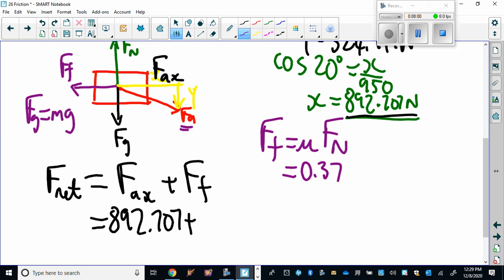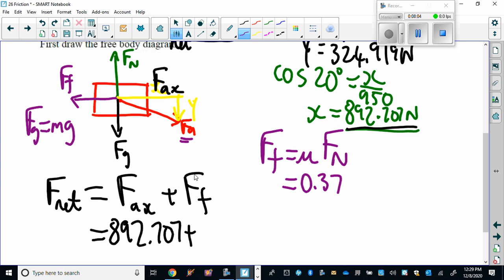To find the normal force, I have to look at my free body diagram, and I have to ask myself, which forces are in a vertical direction? Here they are. You've got the normal force, the force of gravity, and the y component of the applied force.